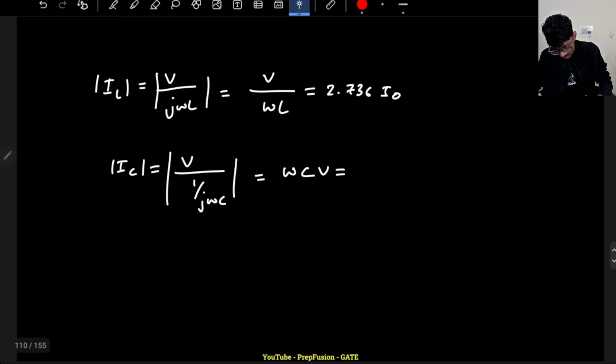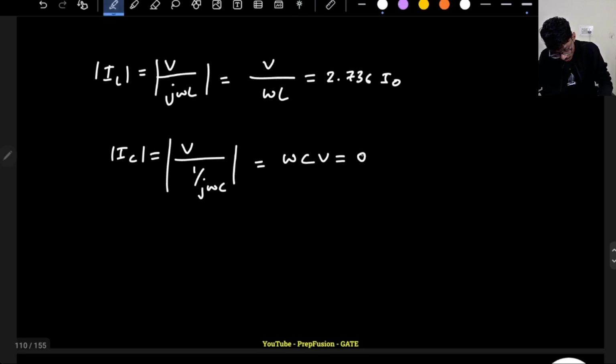Magnitude of capacitive current is given as 0.5 I naught. So this will be 0.5 I naught. Okay.